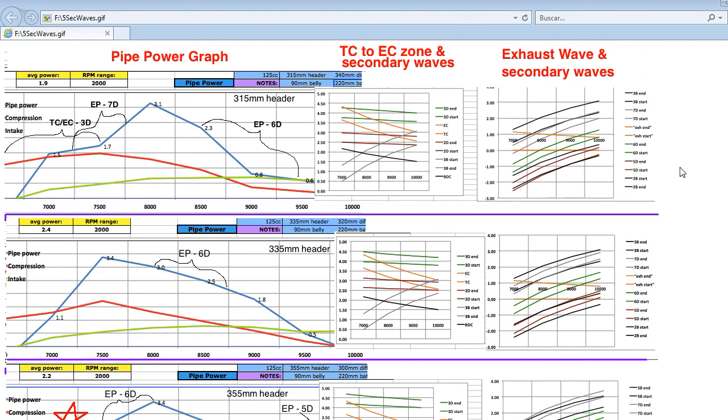Having a wave simulator making use of the secondary waves in both of these manners here is important. Okay, that's all for now.